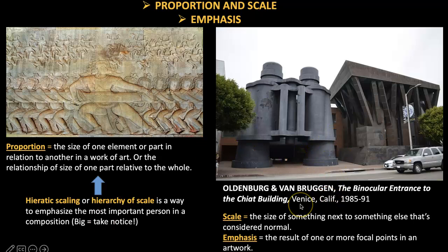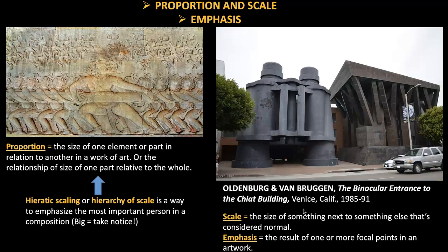Moving on to an example of architecture on our right, we've got something kind of local to us here in Los Angeles. Over in Venice, on the coast, is a very interesting entrance created by the team of Oldenburg and van Bruggen. The binocular entrance to the Chiat building from 1985 to 91 is another example where you have something that is in large proportion compared to the traditional size of a pair of binoculars.